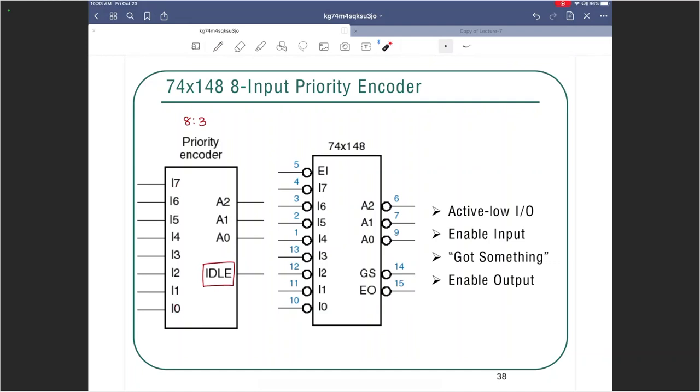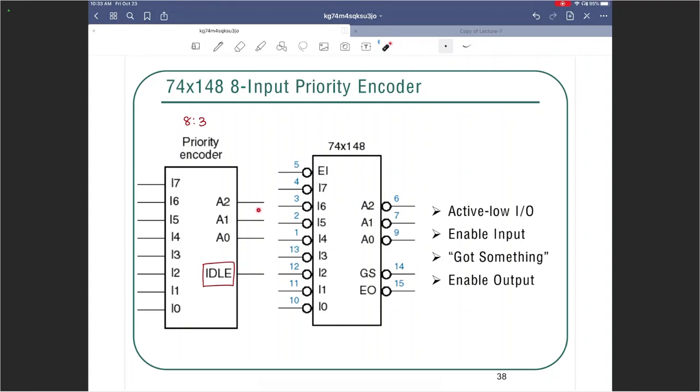All the inputs and outputs in this case are active high as shown. And we said the priority encoder is going to first encode the input sequence into a binary representation of that value. So for example, if I6 is active, it is going to make the output 110.